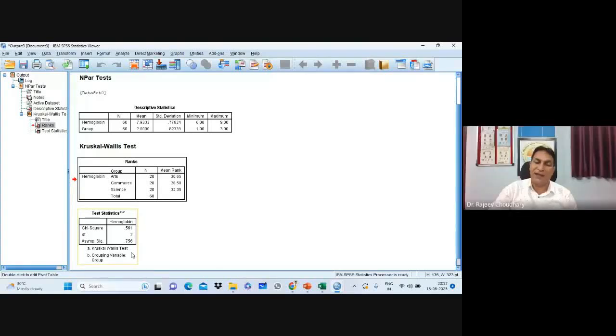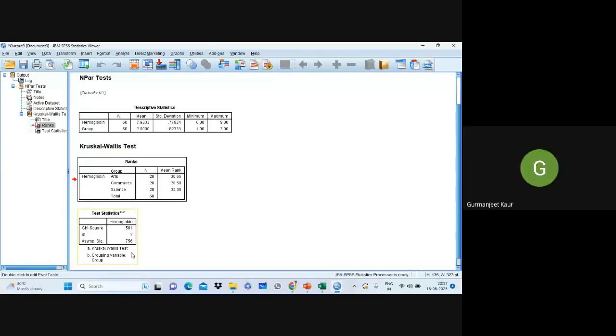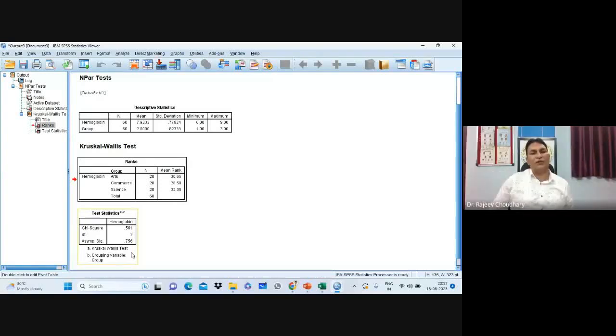We analyzed by using both the techniques, one-way ANOVA and the Kruskal-Wallis non-parametric test. In the case of one-way ANOVA, we discussed that if no significant difference exists, the study ends.